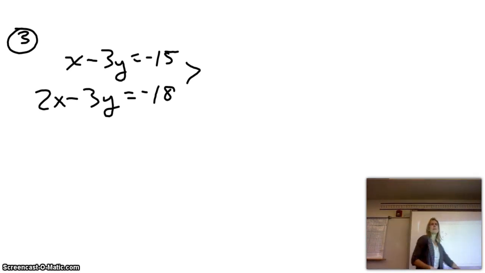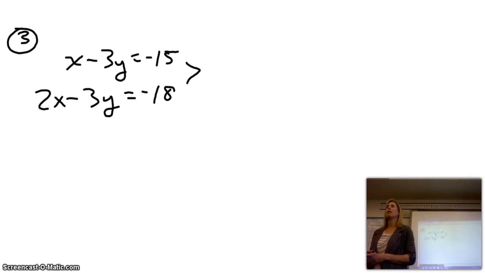How would a person go about solving this third system here? What do you think, Jenna? What would you do? I would use elimination. Okay, so how would you use elimination? That's because we have a common coefficient, right? And so what would you do?